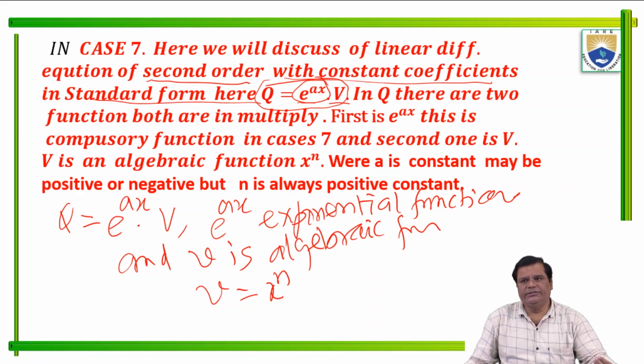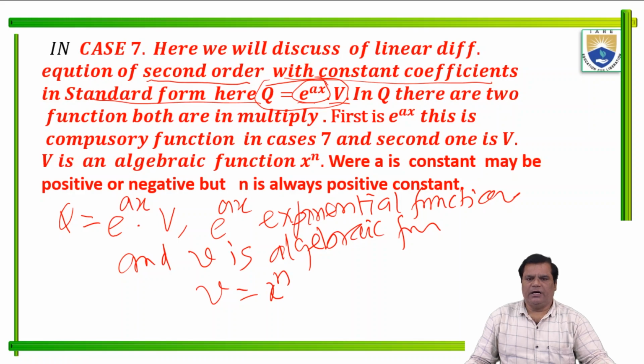The first function is e to the power ax, the exponential function. This is a compulsory function in case 6 and case 7. Case 6 we have already discussed, but now we are discussing case 7.